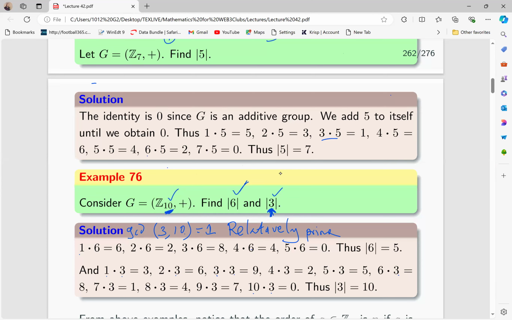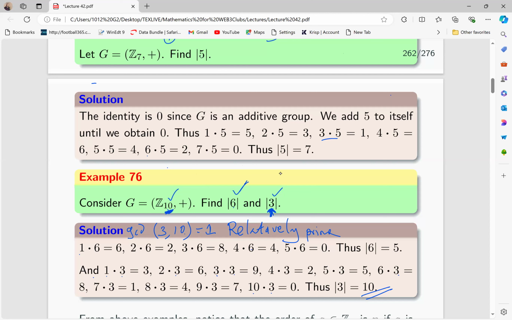That is why, when 3 is relatively prime to 10, we discover that the order of 3 is 10. But this other one, 6 and 10, are not relatively prime. And since they're not relatively prime, we discover that the order is not equal to 10.